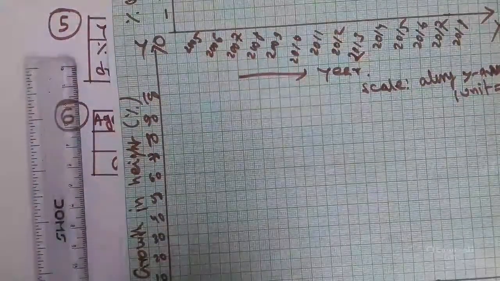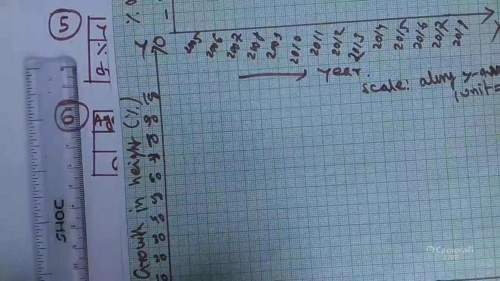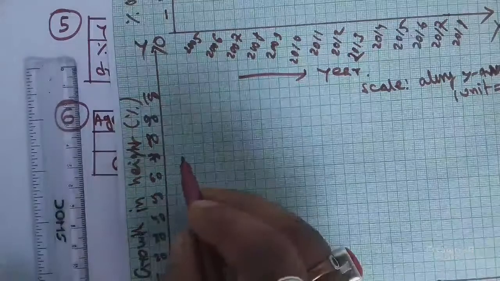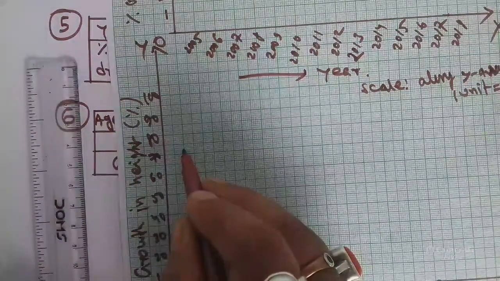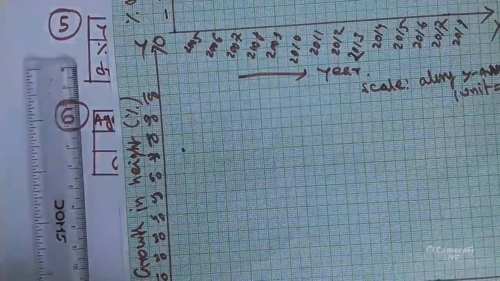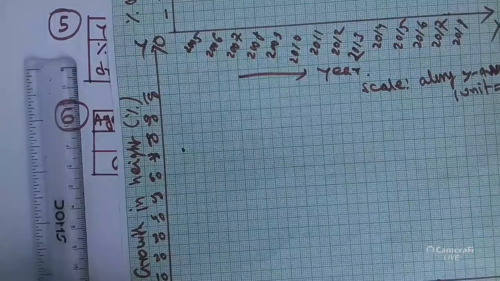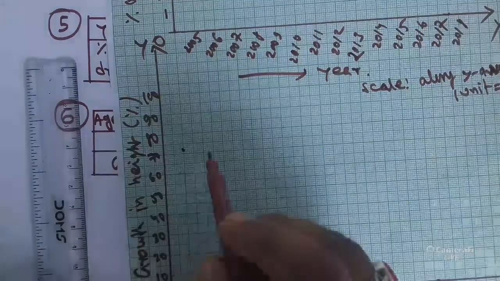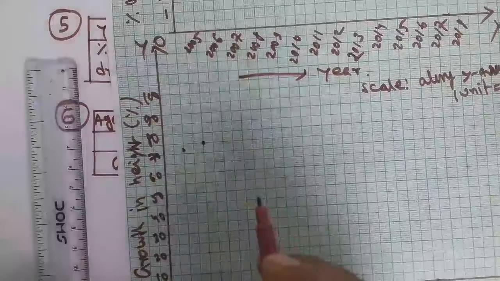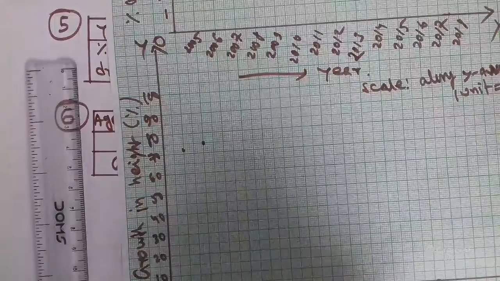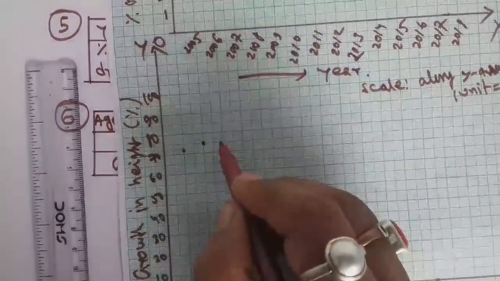Now at the age of 8, the boys percentage is 72%. So 70 and it is 72%. Then at the age of 9 it is 75%.